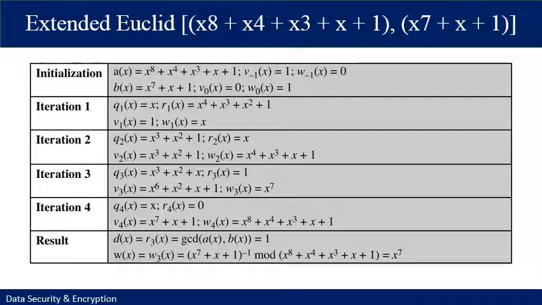So just like the Euclidean algorithm can be adapted to find the greatest common divisor of two polynomials, the extended Euclidean algorithm can be adapted to find the multiplicative inverse of a polynomial.